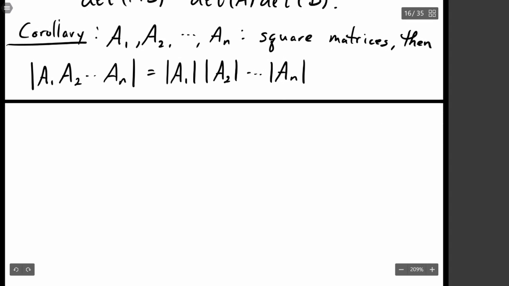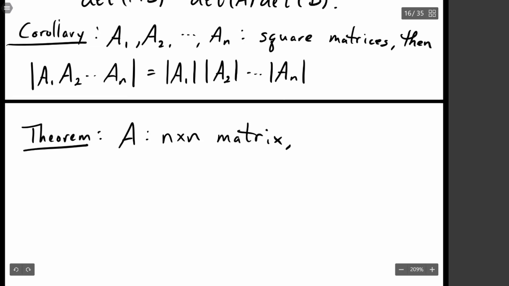Now, another theorem I want you to think about, and this is really in a way just another corollary, but I'll write it down as a theorem. Here again, A I need to specify as an n by n matrix. And C is just any real number, really.